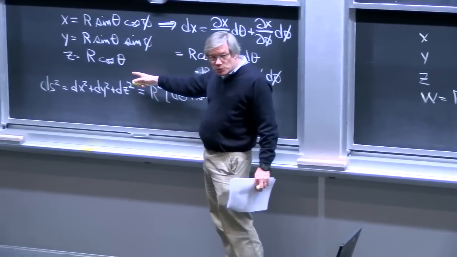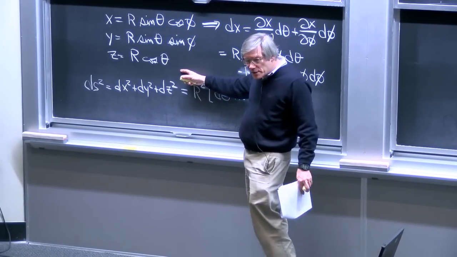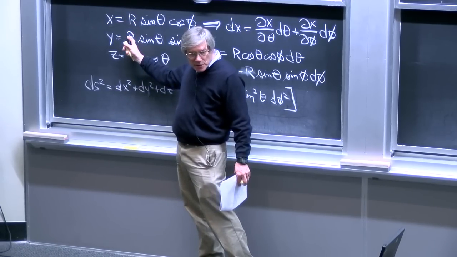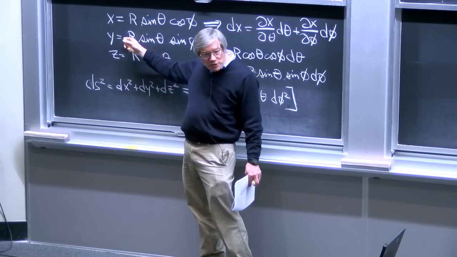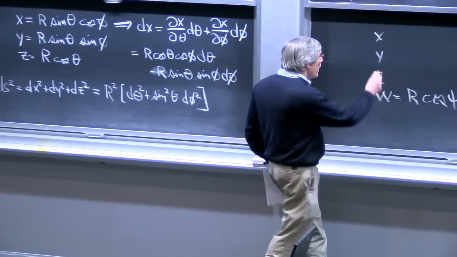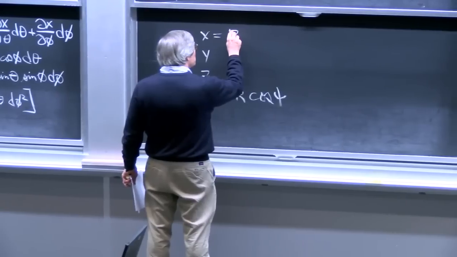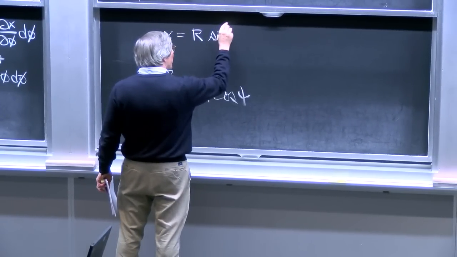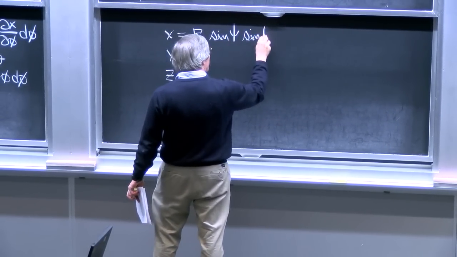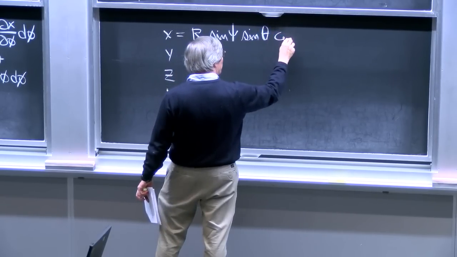Each of these formulas will hold in the three-dimensional subspace, except that r, the radius of the sphere in the three-dimensional subspace, is not r anymore, but it's r times sine psi. So x is equal to r times sine psi times what it was already, sine theta cosine phi.